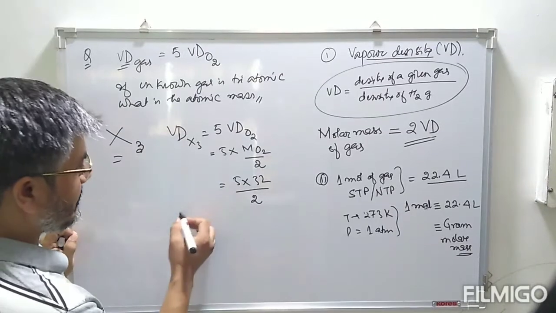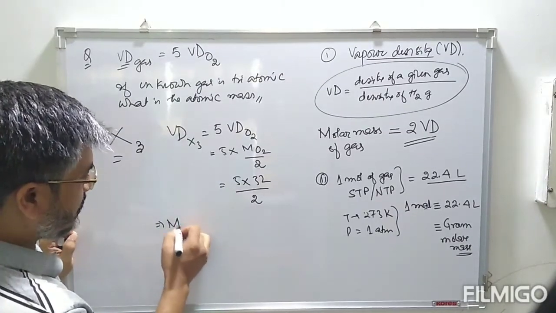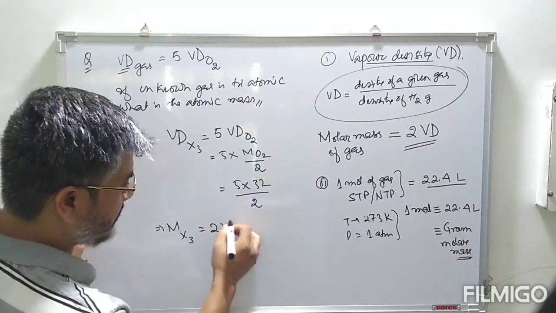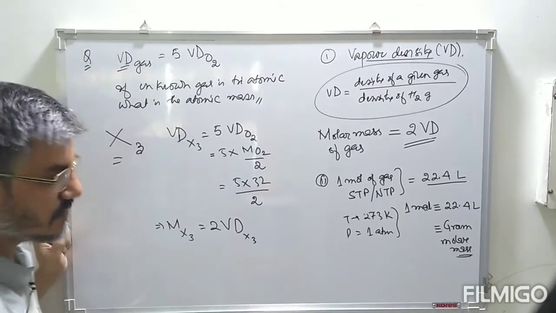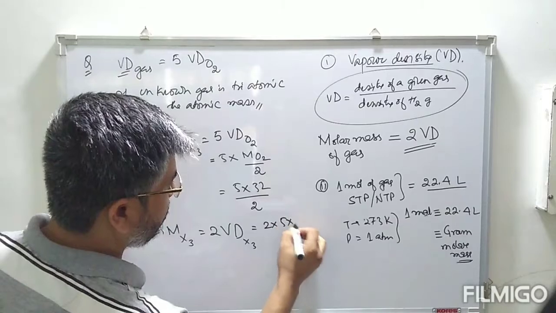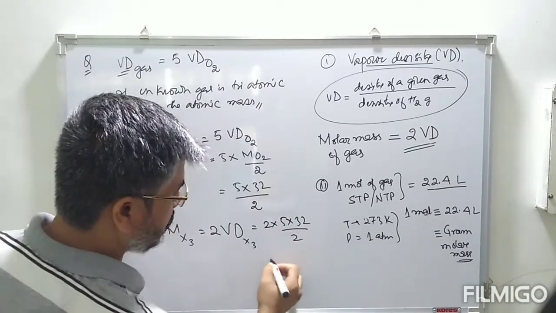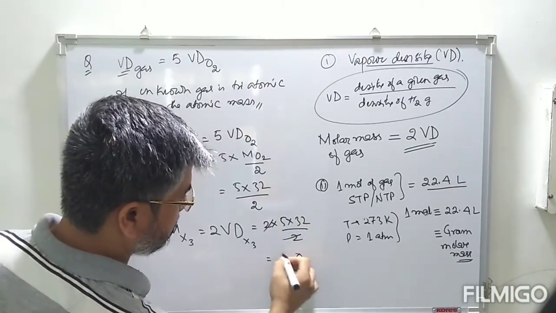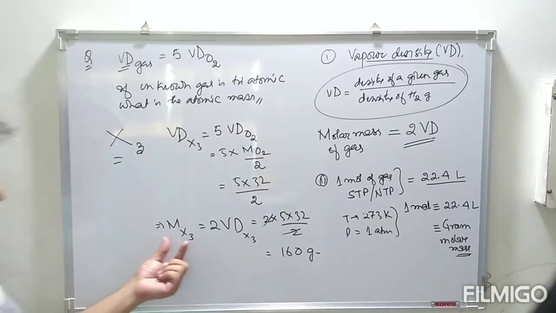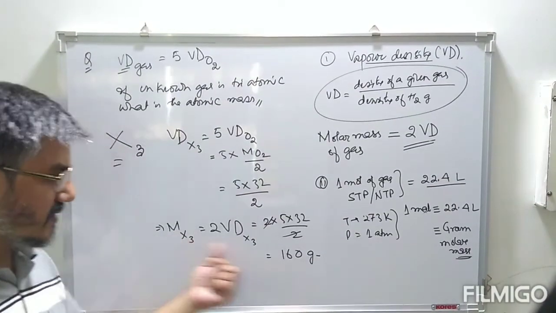So therefore, molecular mass of this X3 is equal to 2 times its vapor density. So therefore this is equal to 2 into 5 into 32 divided by 2. So this is 160 gram. So the molecular mass of this unknown compound X3 is 160.